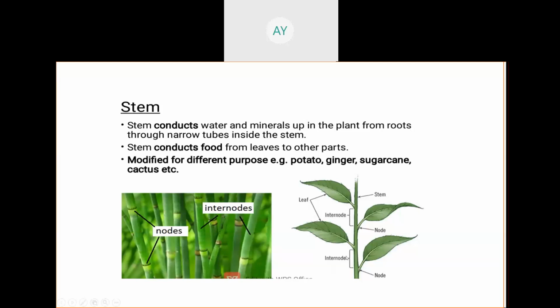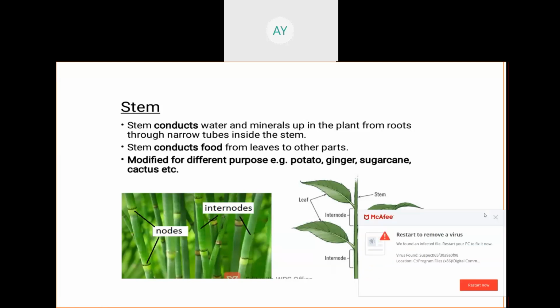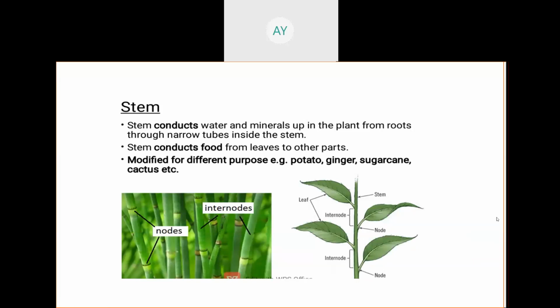This is the node, this is the node, and the length between these two is known as internode. The leaf is attached at the node along with the axillary bud, and sometimes fruit is also attached at the nodes.